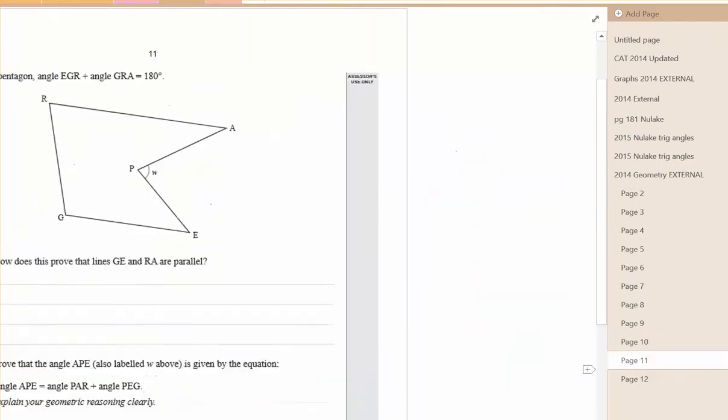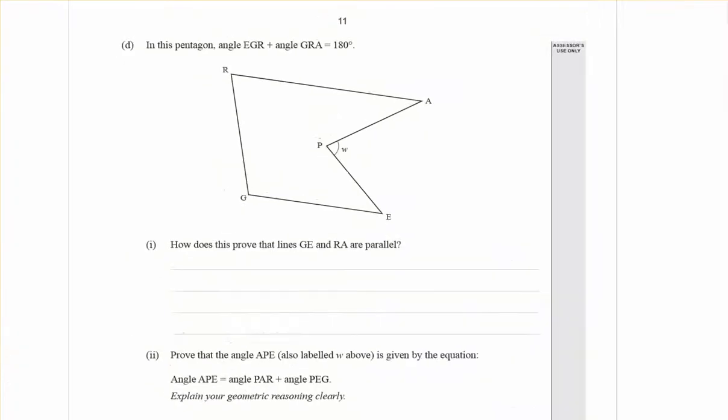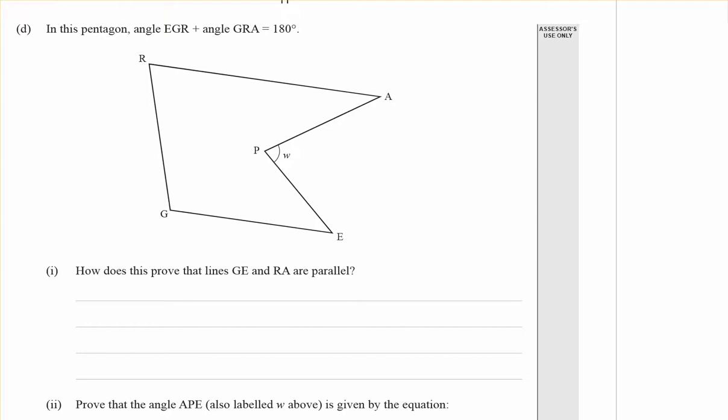Right, and last page. Angle EGR, we might call that an A, plus angle GRA, we might call that B, equal 180. They sum to 180. So if the two of them add to 180, then we can assume that that side and that side are parallel, because we have co-interior angles adding to 180.